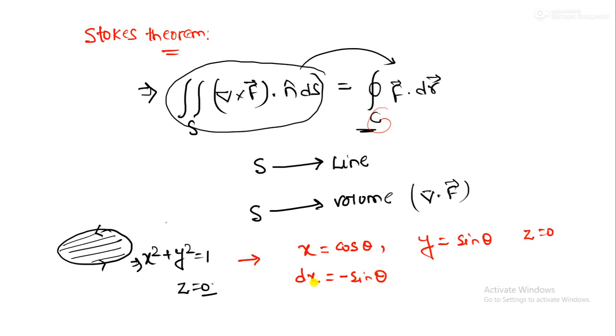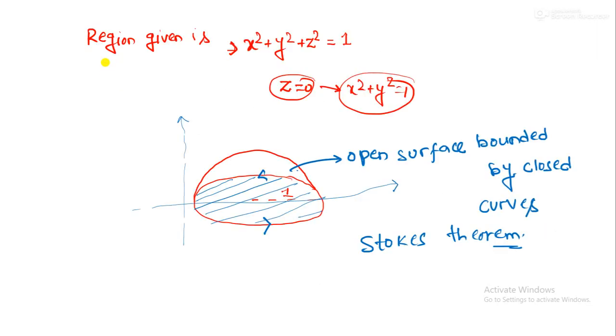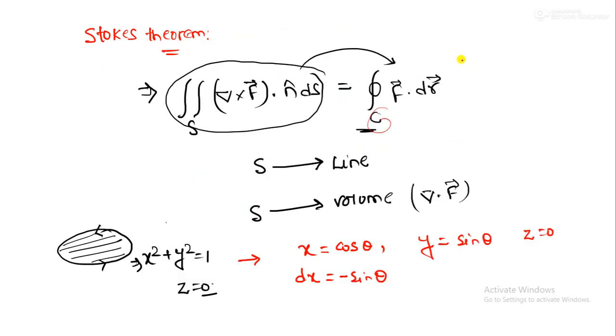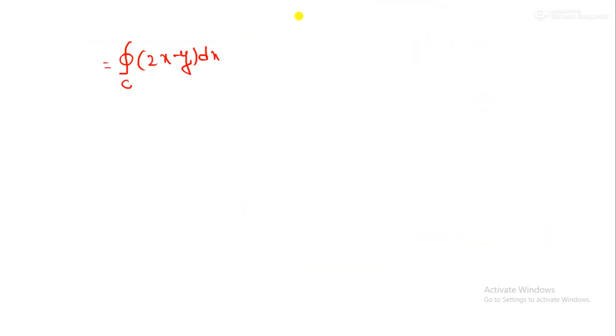Okay, now what is the integral which is given? The integral is the integration over the closed curve C of F, that is, (2x - y) dx - yz² dy - y²z dz. I'm just talking about the right hand side of the Stokes theorem, so that it will be easy for me to solve such type of problem.